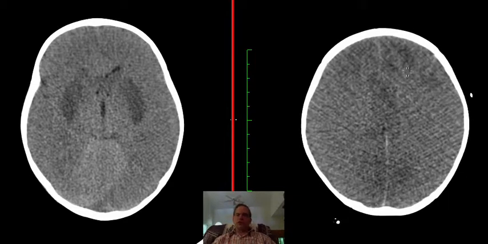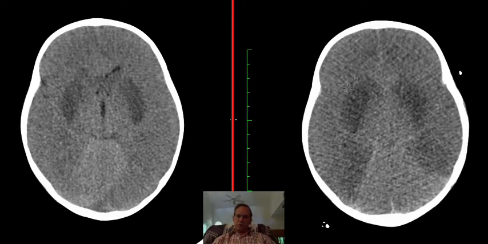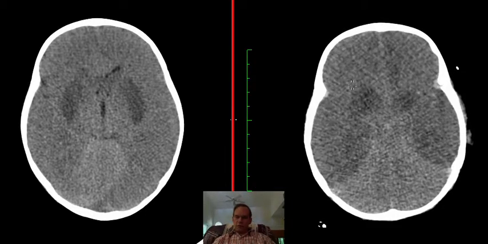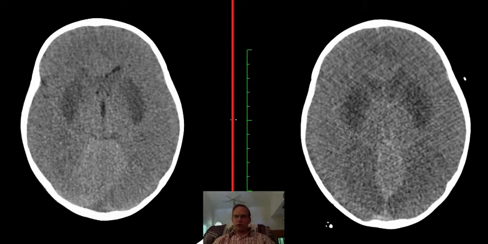There's more confluence of the areas of ischemia within the anterior cerebral artery territory, but notice that we still have pretty good preservation of the flow and no significant abnormalities in the tissue of at least still big portions of the middle cerebral artery territory.